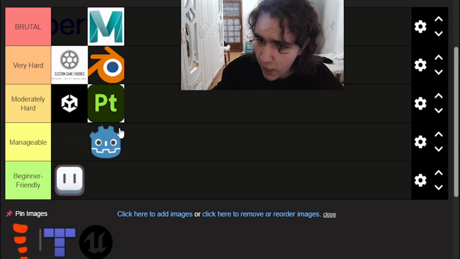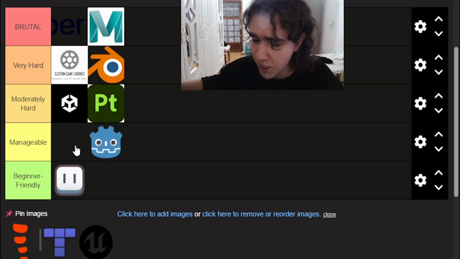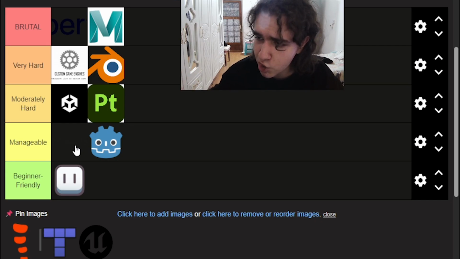The only reason we are saying these are moderately hard and Godot is manageable is that they are most commonly used in AAA industries, so the learning curve gets way more complicated, while the other tools are usually not used in the AAA industry, so they are not getting complicated, because each tool could do the same thing, especially game engines. It's just which one is actually being used in the AAA industry currently.